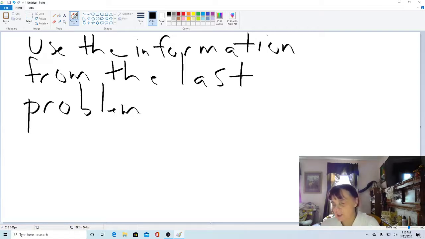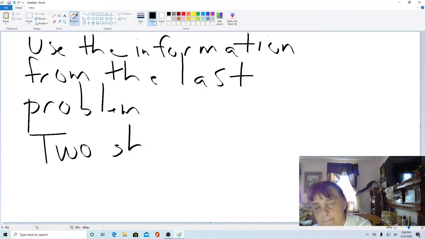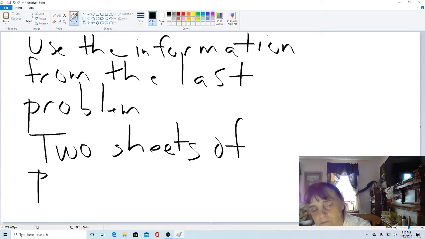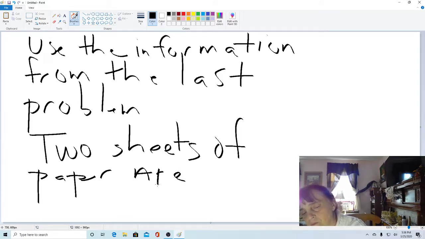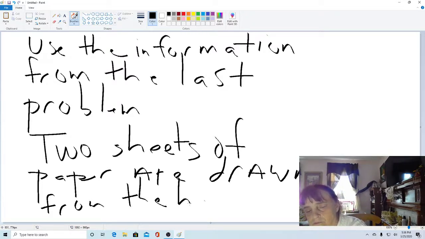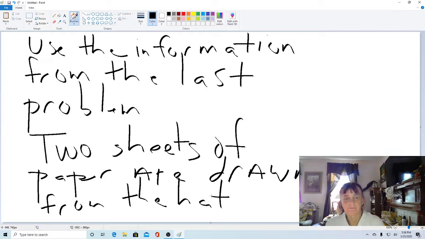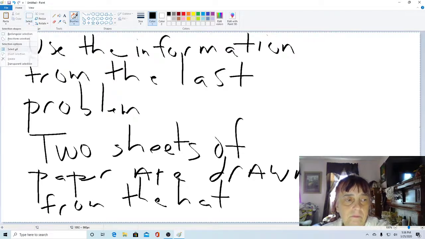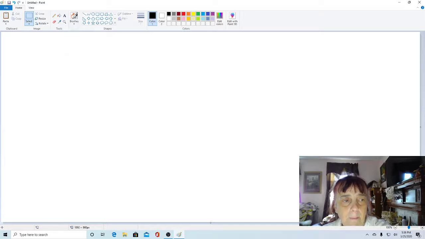This time, 2 sheets of paper are drawn from the hat, without replacement.